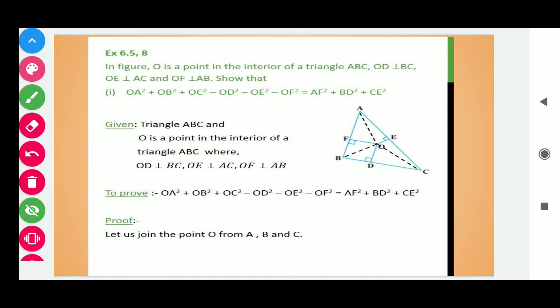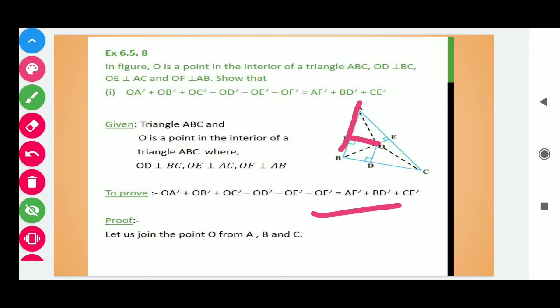Let's start the solution. Given is that triangle ABC and O is a point in the interior of triangle ABC, where OD is perpendicular to BC and OE is perpendicular to AC and OF is perpendicular to AB. To prove the result, let's start the proof.